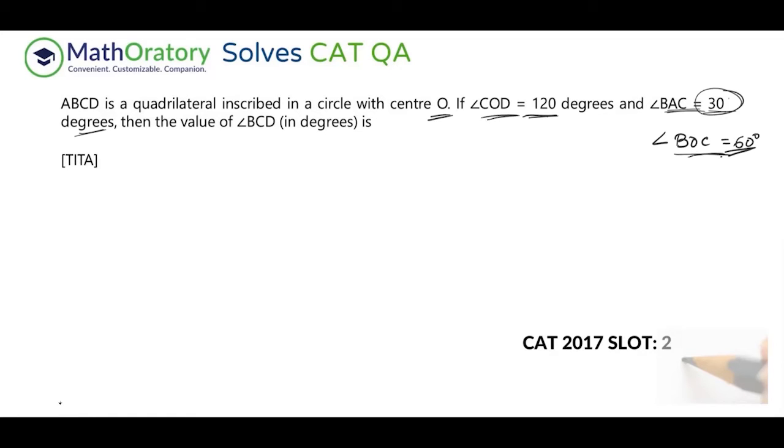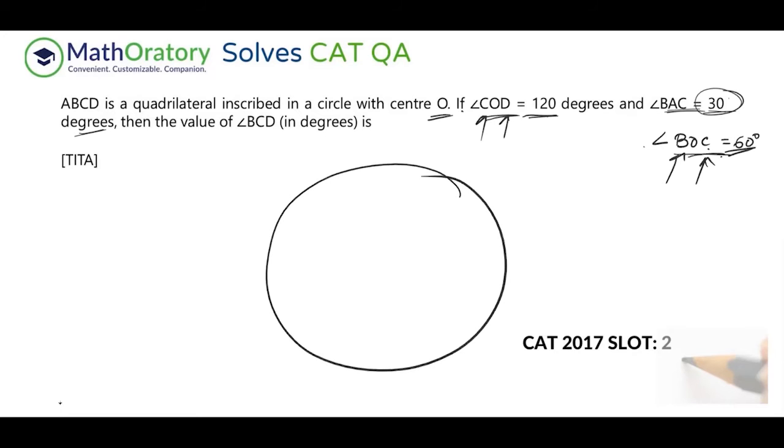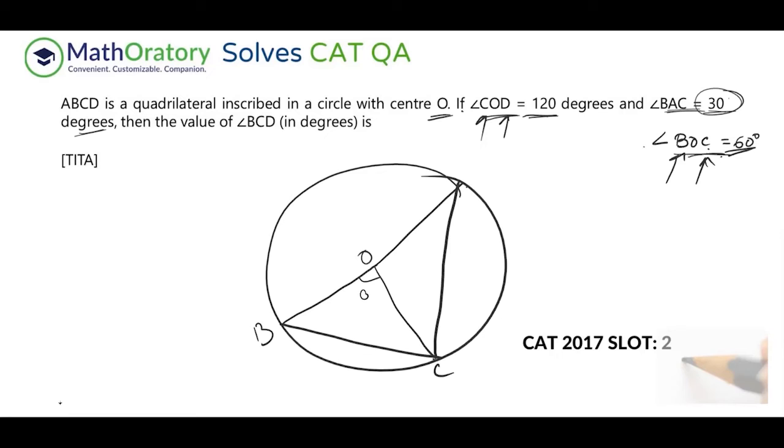So for BCD, B, C and then C and D, these are adjacent sides, right? So I get a rough picture here. What I know is this BC and CD should be such that the BOC angle is 60 and the COD angle is 120 degrees.